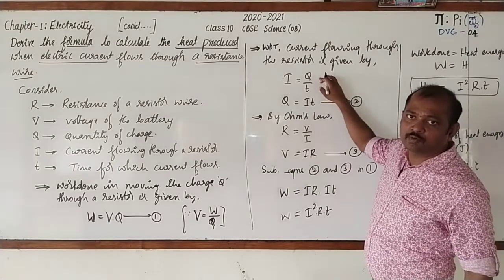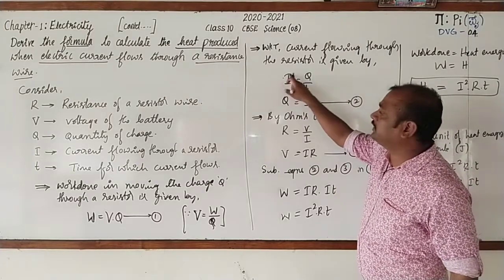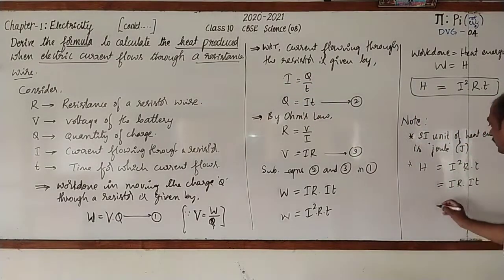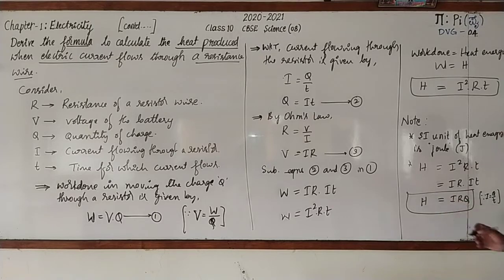Current formula, I equal to Q by T. Then I into T is Q. Now we can write it is IRQ. Got it? Because I is equal to Q by T. This is another formula. That means you can find out the amount of heat generated in the circuit when you know the amount of current flowing and quantity of charge as well as the electric resistance of that element.